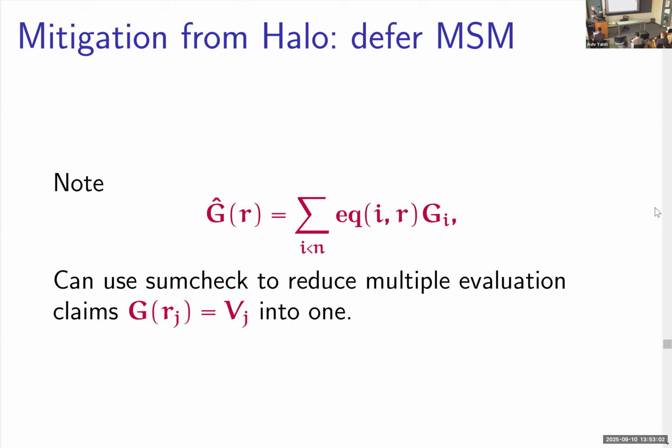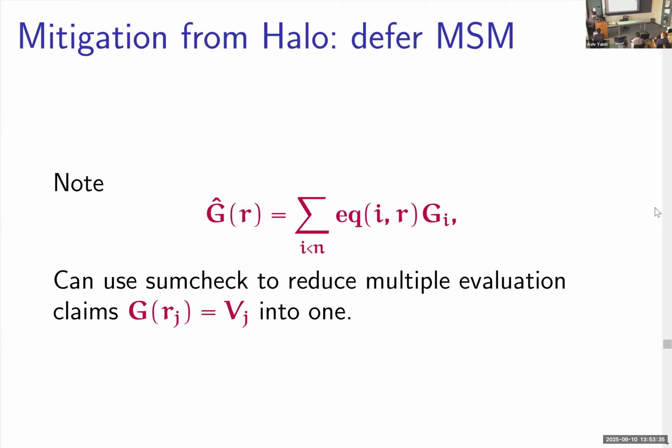Since time is short, I don't want to talk too much about the accumulation part, so put that aside. For final verification, what's left is really to compute this value, G hat of R. And again, in the classical bulletproofs IPA, this is just a linear time verifier.